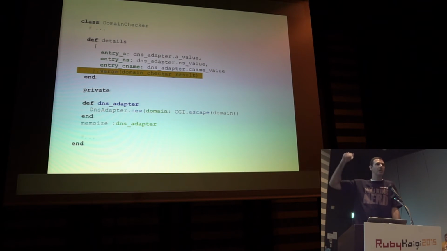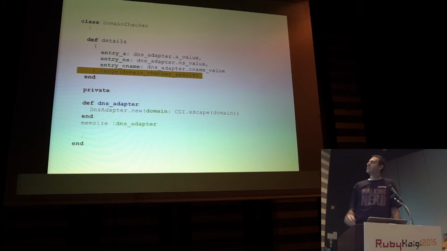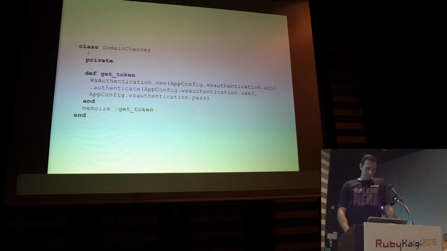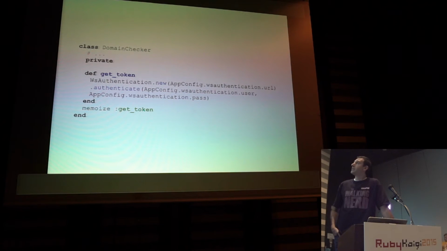The method was creating another instance of itself. And finally, getToken is a private method that is not called by anybody. Just a private method that is not used in the class.